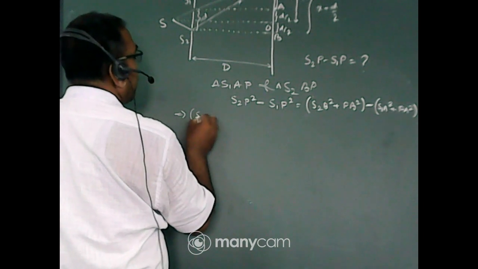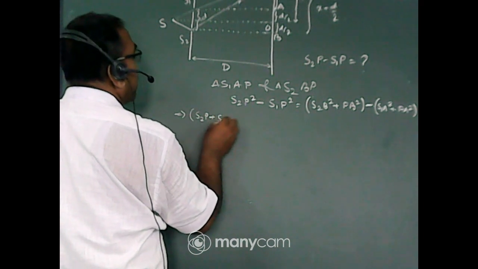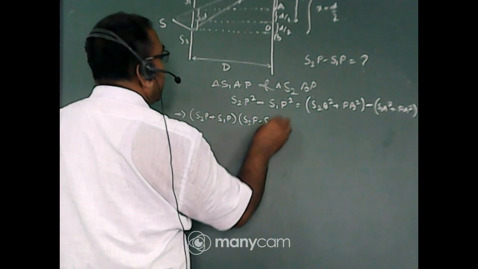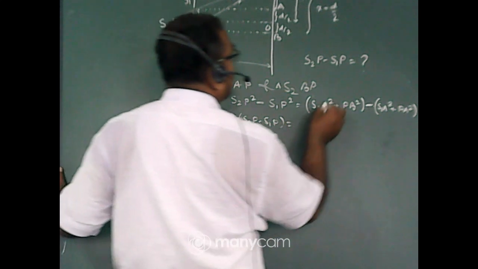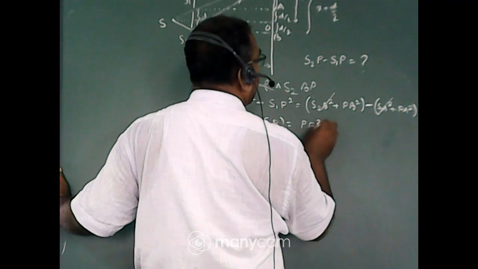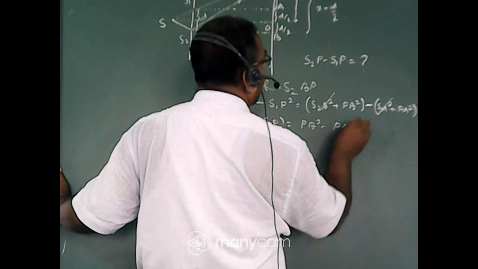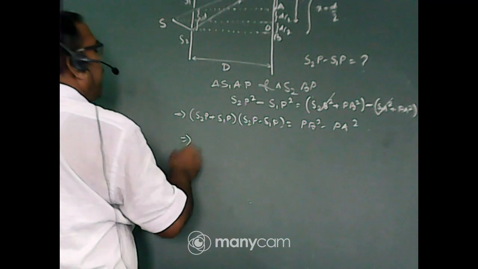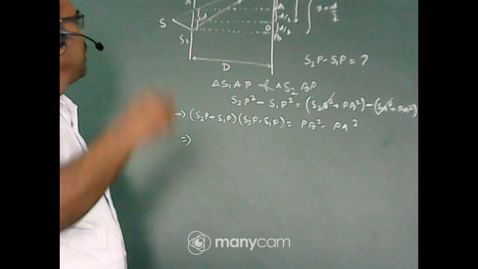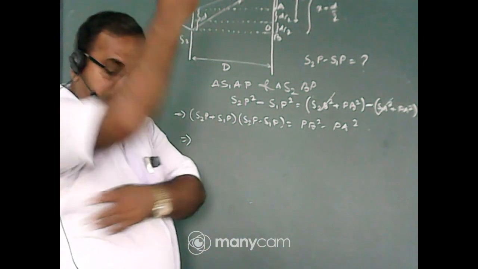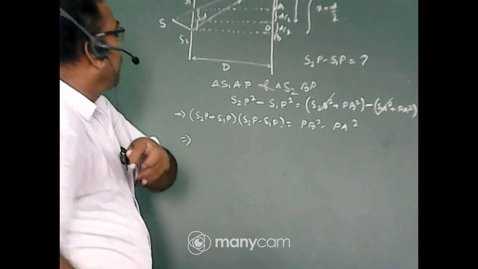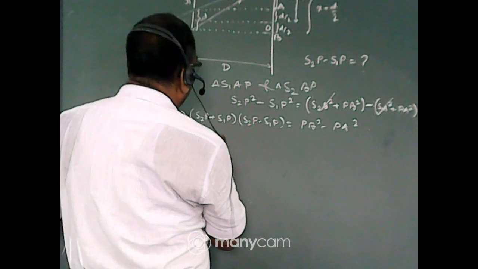Then S2P minus S1P times S2P plus S1P equals PB square minus PA square, since the other terms cancel each other. Consider S2P plus S1P almost equal to S2A plus S2B, which is equal to 2D.